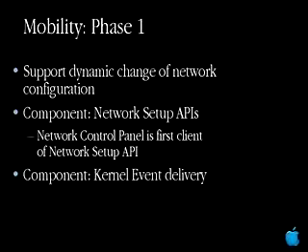Another component, which I indicated earlier, was kernel event delivery. These are events that will come up from network devices and network stacks as things change. And finally, that central engine is the configuration daemon. It's a daemon that runs as long as the system is up.